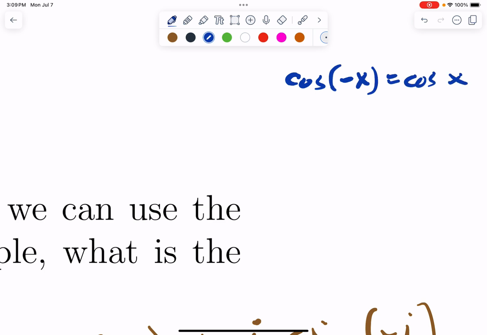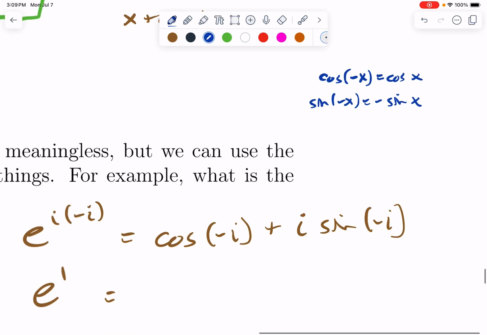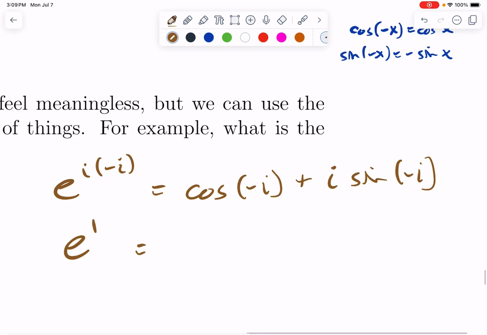Whether we plug in a positive or negative, we get the same answer, while sine is an odd function. And that extends to non-real input. So cosine of negative i is the same as cosine of i, while sine of negative i is the opposite.